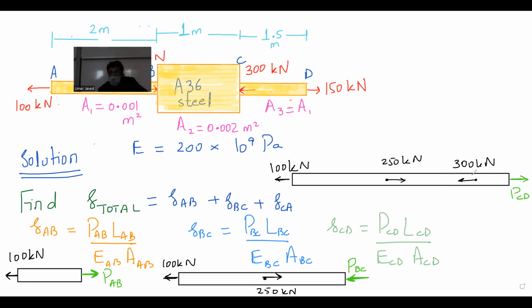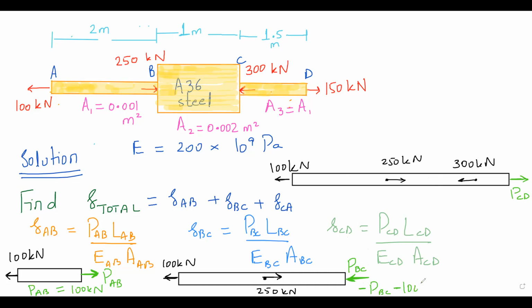Okay, so now let's do it. PAB equal to 100. Boom. PBC comes out to be, negative PBC, negative 100 plus 250, and I get equal to 0 because of Newton's law.